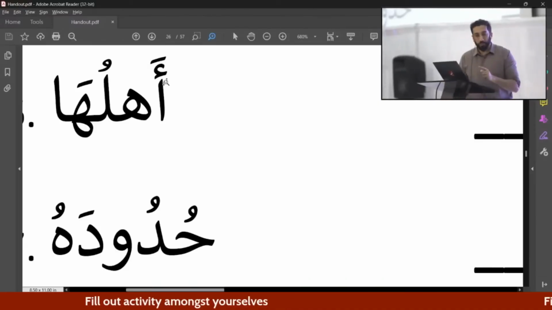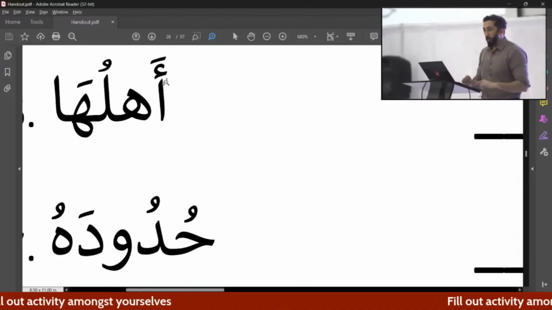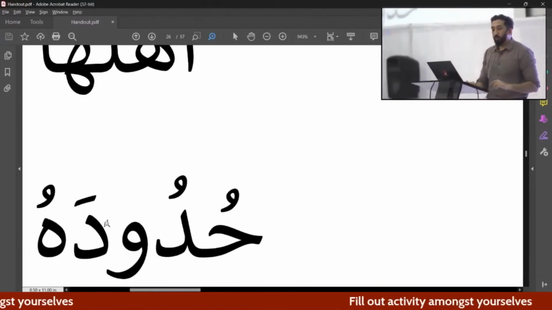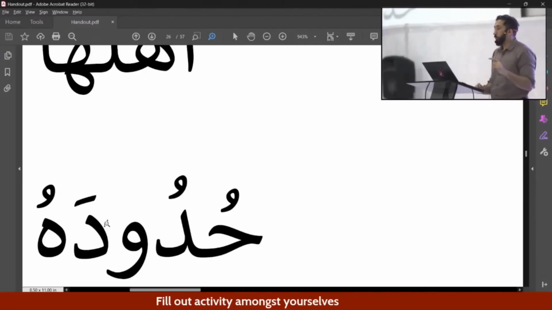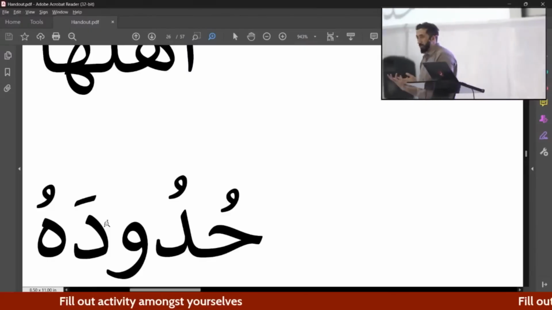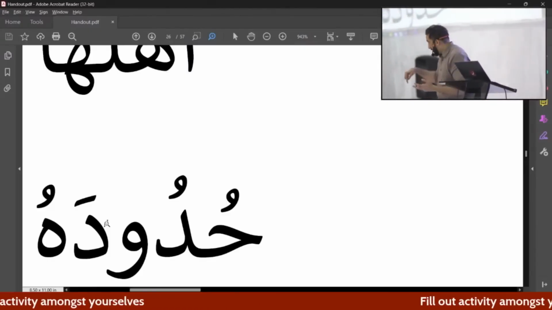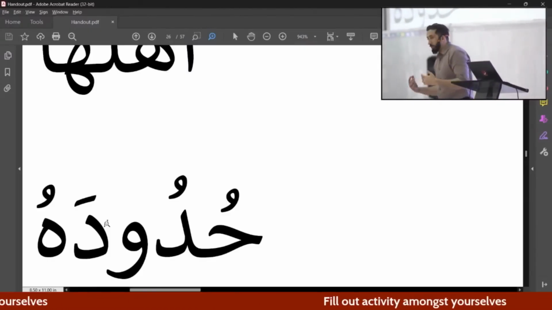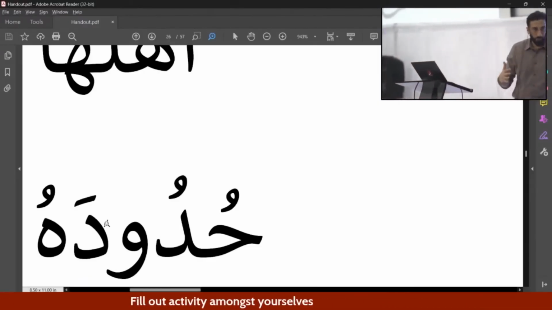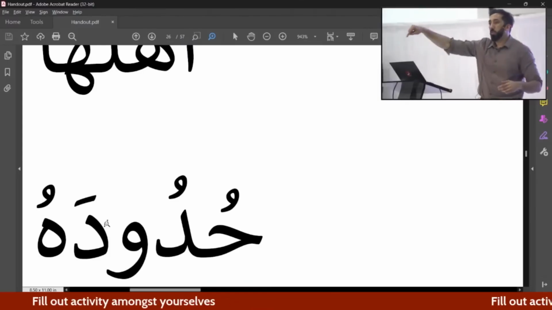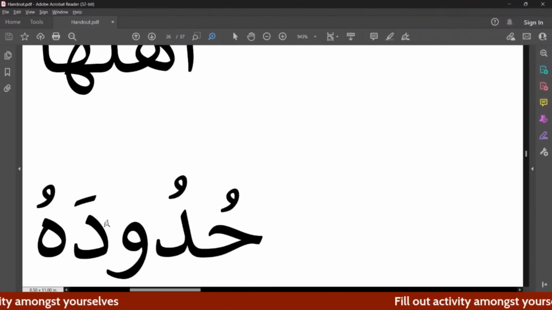This next one is tricky. And I'll tell you why. Hudud means limits. Hudud means what? Limits. So hududahu technically means what? His boundaries or his limits. Now, the thing is, if you have a home and you say, this is my boundary.